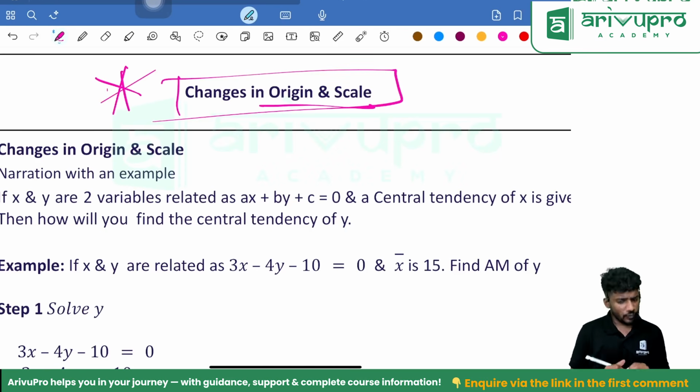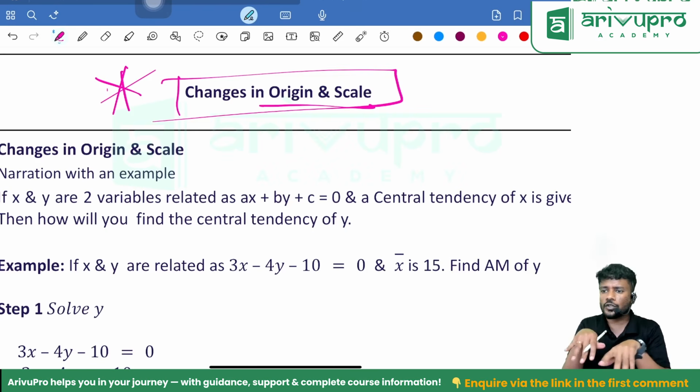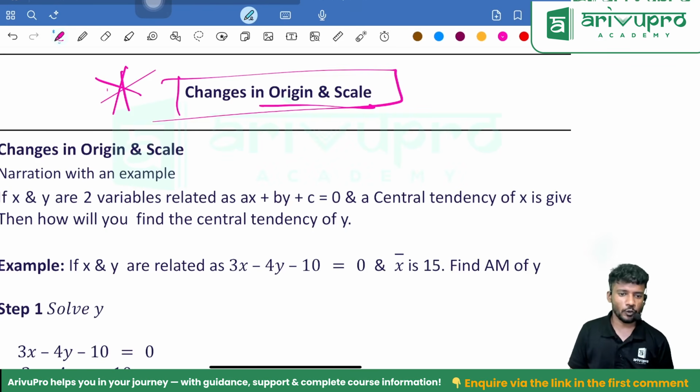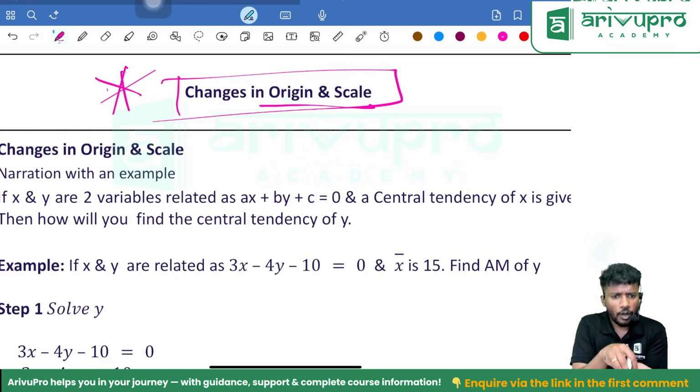I hope that everyone knows what is change of origin and change of scale. It is one of the most sought after topics on Google and YouTube. What do you mean by change of origin? What do you mean by change of scale? Change of origin means each observation is getting added with some value. When we add some value to the observations, will the mean change?